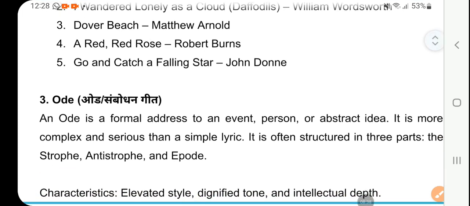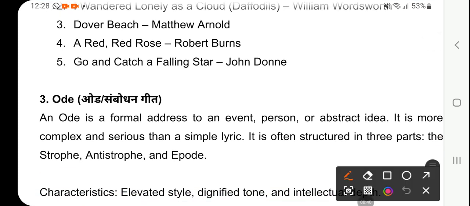Then the third one is Dover Beach, written by Matthew Arnold. And then A Red, Red Rose, a famous poem by Robert Burns. And John Donne's Go and Catch a Falling Star is also famous. All of these famous lyrics you must have read, otherwise you can read them after listening to this video, right?